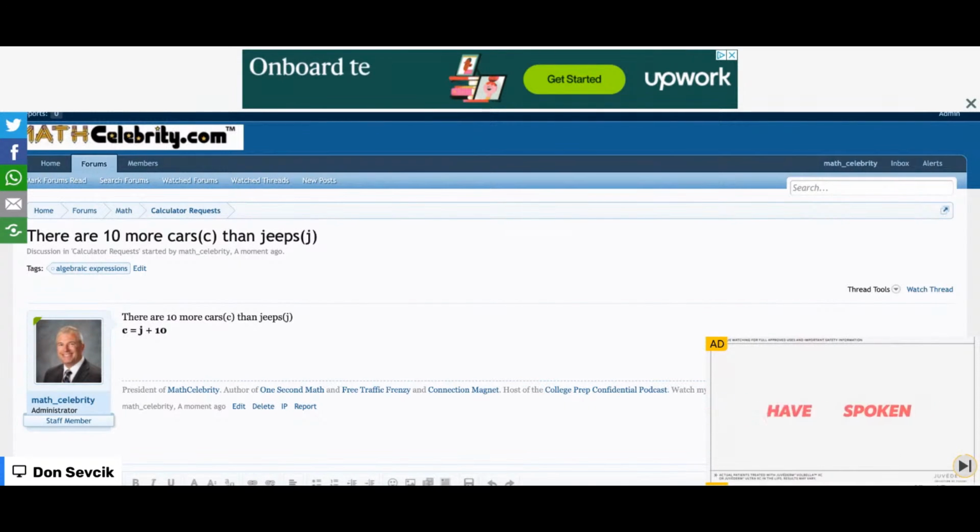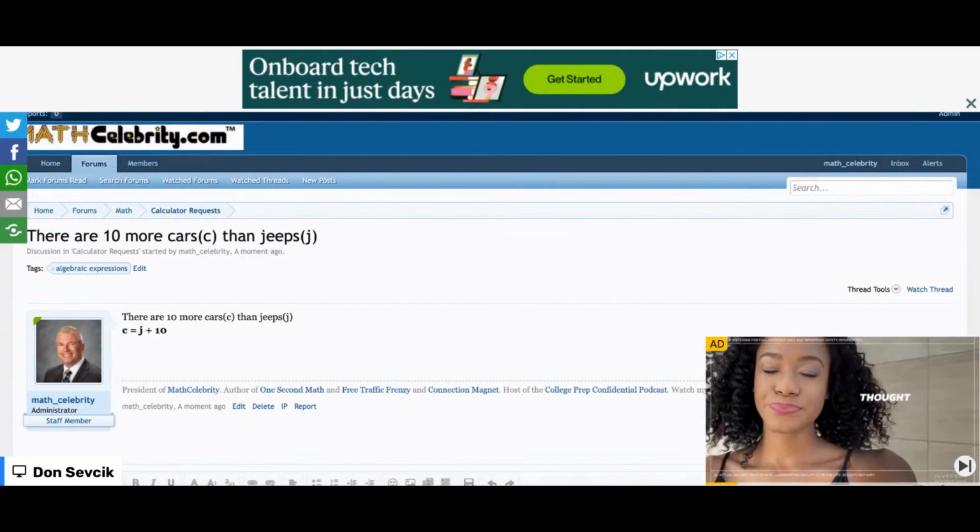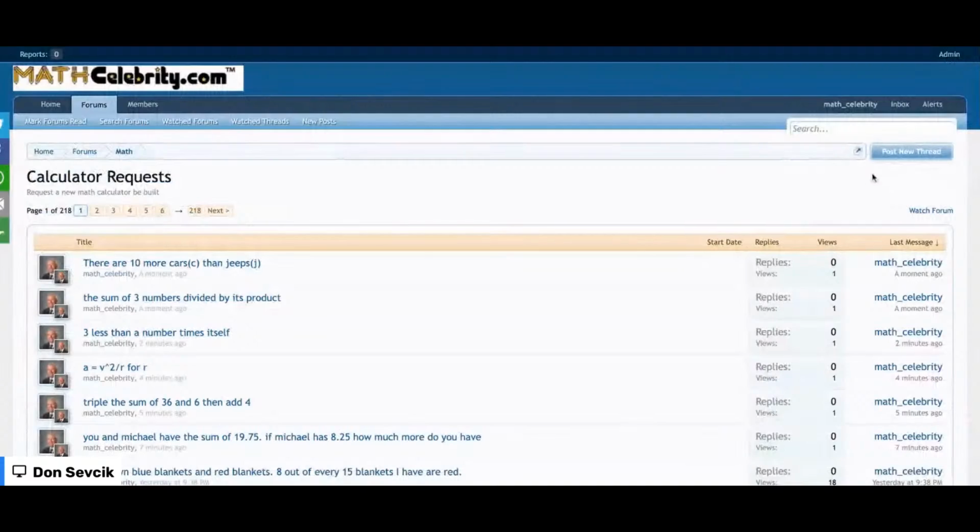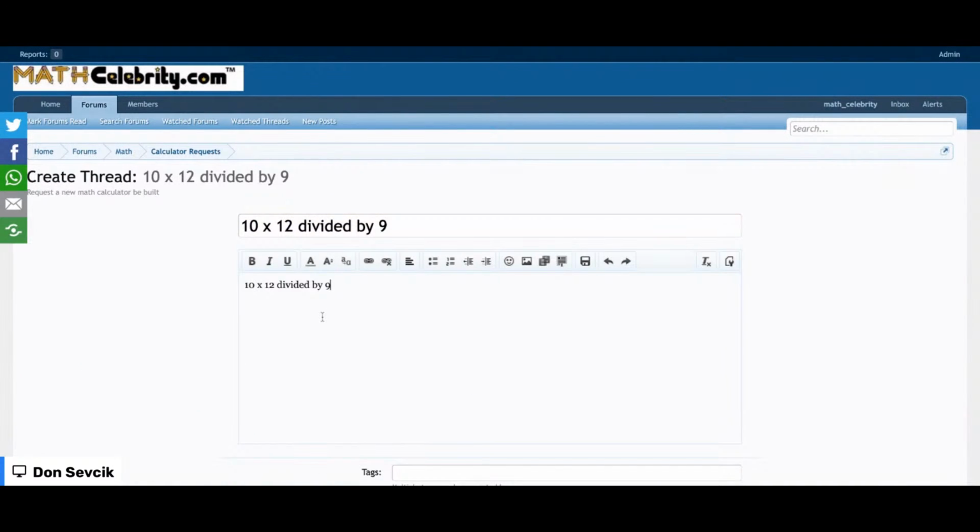All right. So this one, 10 times 12 divided by 9. We can write this as 10 times 12 divided by 9. For order of operations, we multiply, divide first.